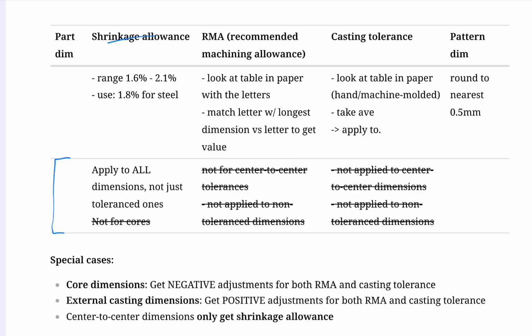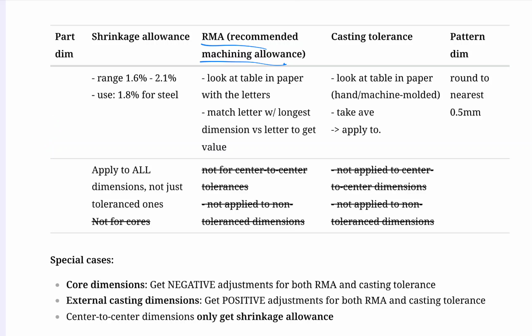What I'm saying here is what to apply it to, what not to apply it to, and this is information about it. Then we have the recommended machining allowance. Like you saw in the intro video, you have a part that's rough around the edges. So you know you're going to be machining off certain parts, depending on what they tell you in the question specifically.